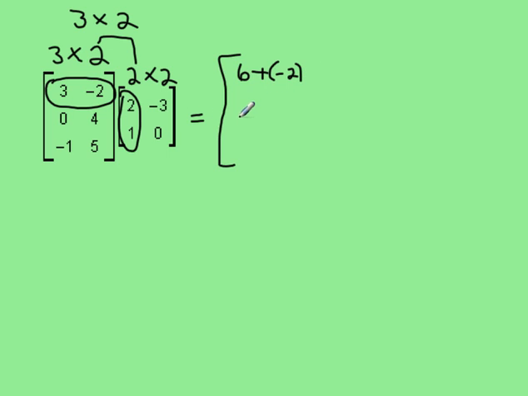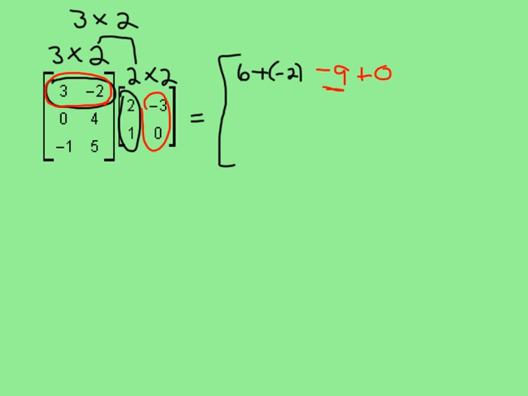Okay, now we're going to move over to this spot right here, still in row 1, but now in column 2. So I go to row 1, column 2. 3 times negative 3 is negative 9. Negative 2 times 0 is 0, so this would be plus 0.